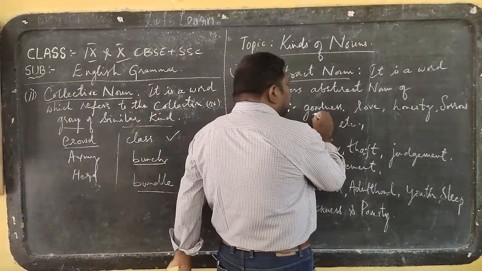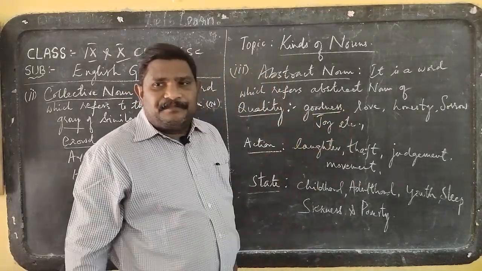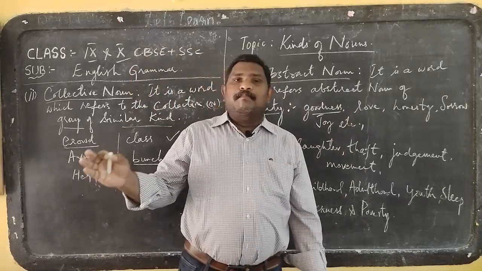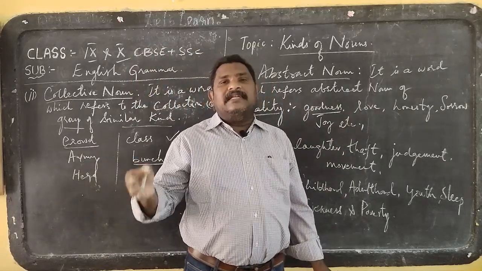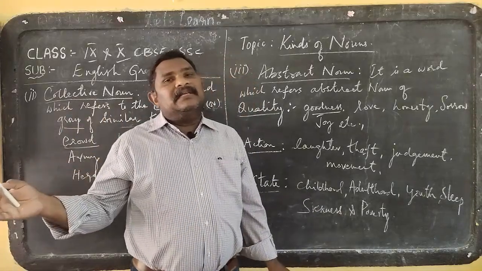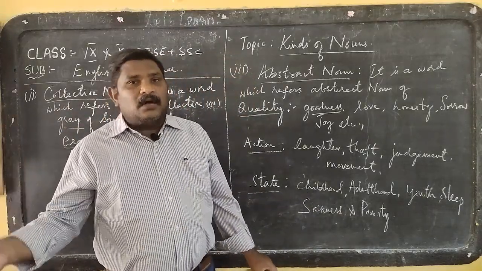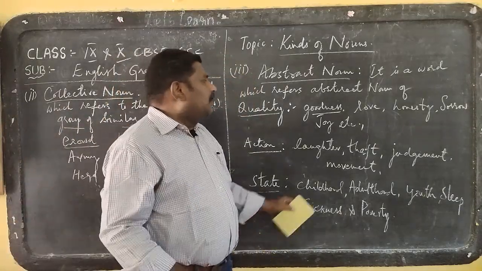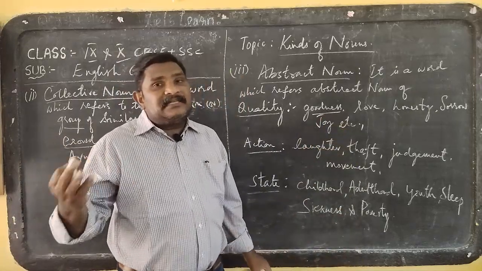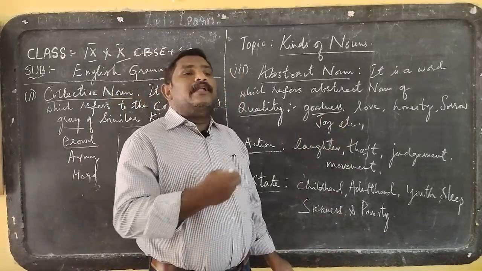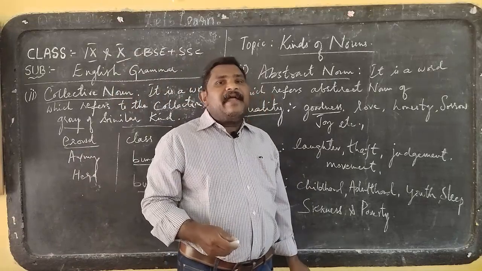Now goodness. He is a good person. Mr. John is a good boy. In good boy, good is an adjective and boy is a common noun. But his goodness is great. The goodness of this person is very great.